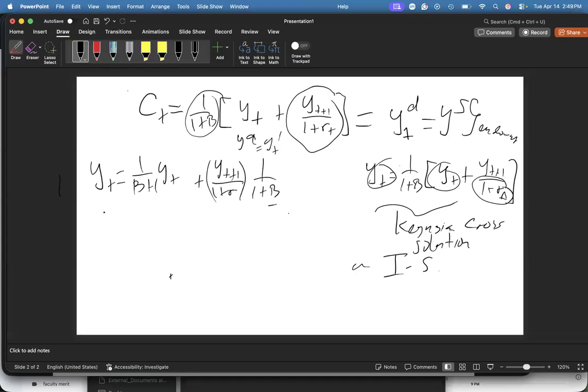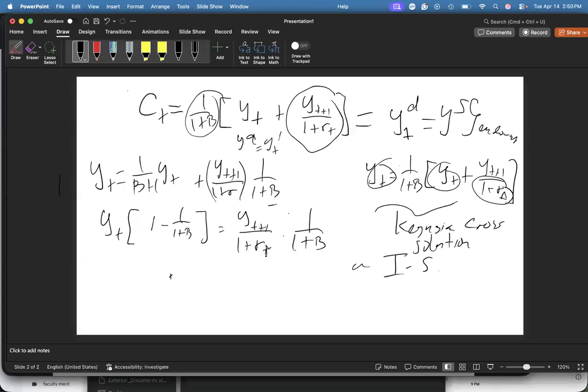So now you have yt times 1 minus 1 over 1 plus beta equals 1 plus t plus 1, I should say, over 1 plus rt times 1 over 1 plus beta. Correct? We're literally just putting the common variables together. Yt, you want to know how yt acts against rt?